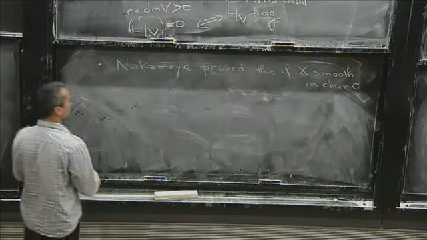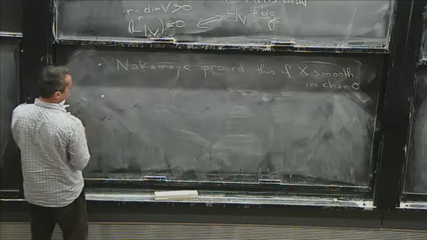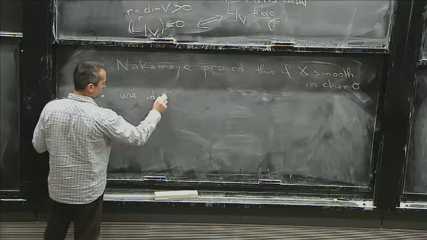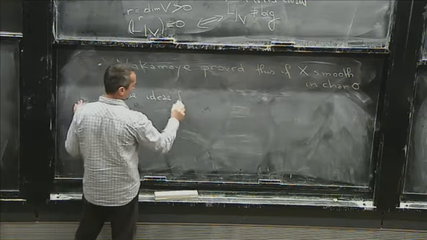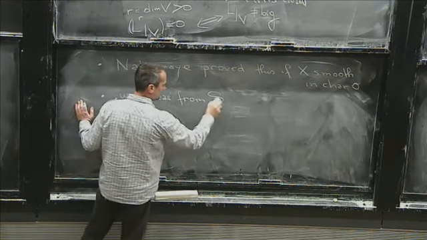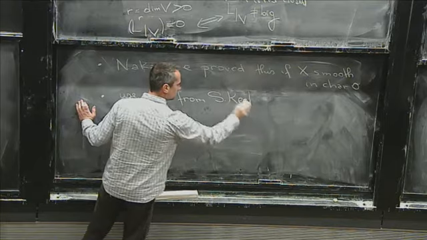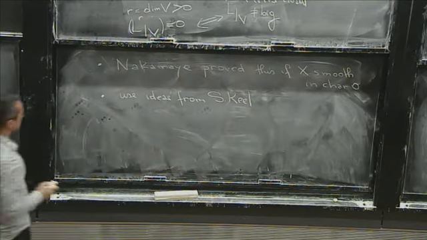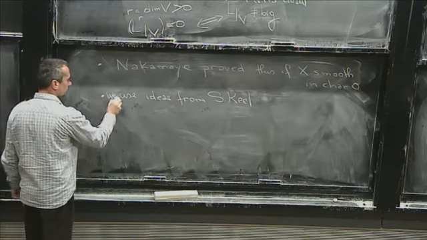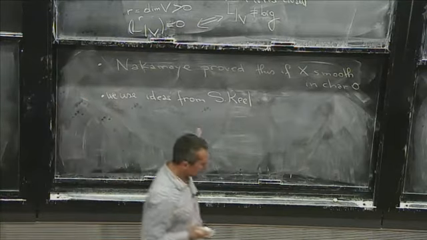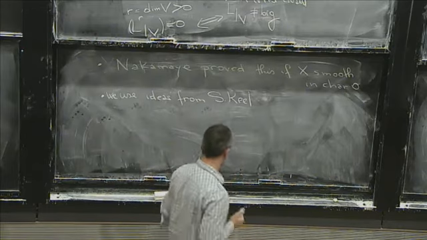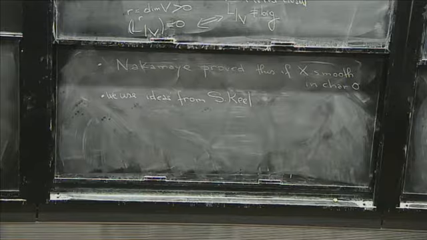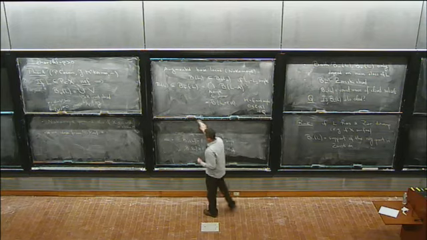But actually, our proof is related to, so we use ideas and techniques from Schwede's paper on base point freeness in positive characteristic. Okay, so again, the theorem in characteristic 0 uses a vanishing theorem. So that's the reason why one has to take a different approach in characteristic p.